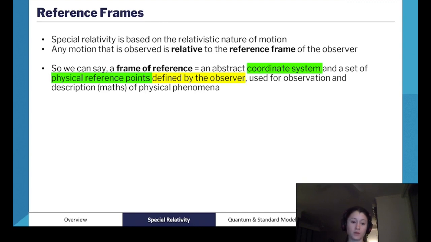So what we can say is that a frame of reference is an abstract coordinate system and a set of physical reference points defined by the observer, used for observation and description of physical phenomena. This definition sounds like a big, long jumble of words.